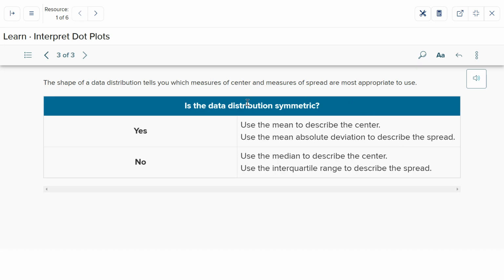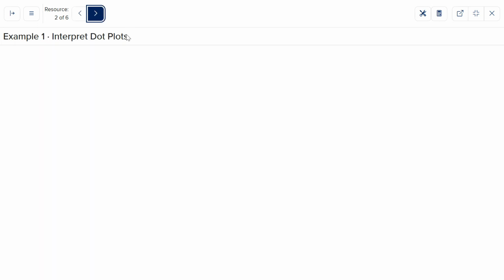If it is not symmetric, then you should use the median to describe the center and use the IQR to describe the spread. This is similar to the reason why you wouldn't want to use the mean when there's an outlier. If there's something non-symmetrical, including an outlier, but not necessarily, it's going to shift the mean in a weird direction and misrepresent the data. So the median is better to use when there is not a symmetric situation happening.